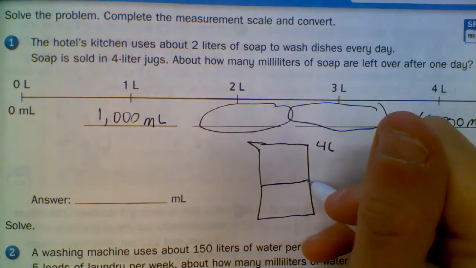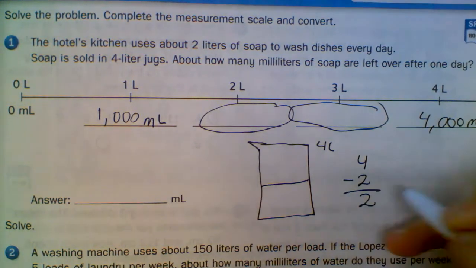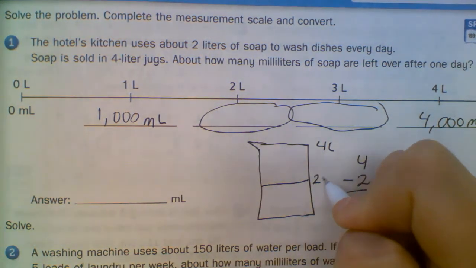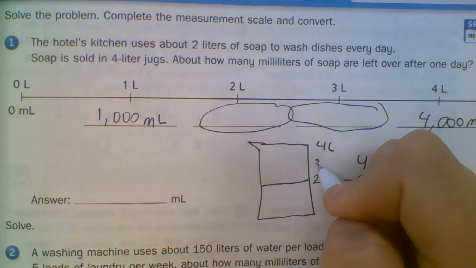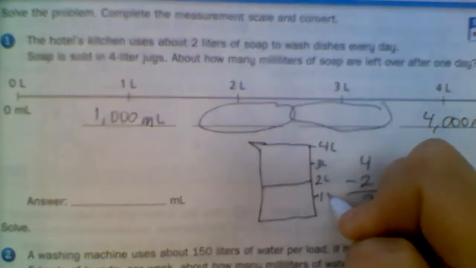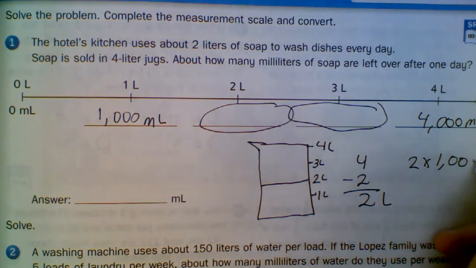It uses 2. So 4 minus 2 leaves us with 2 liters. Now we need to convert it to milliliters. Okay, so we just go 2 times 1,000.